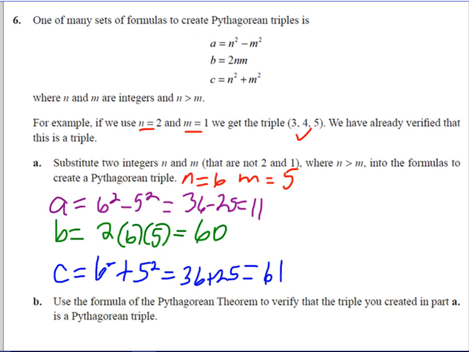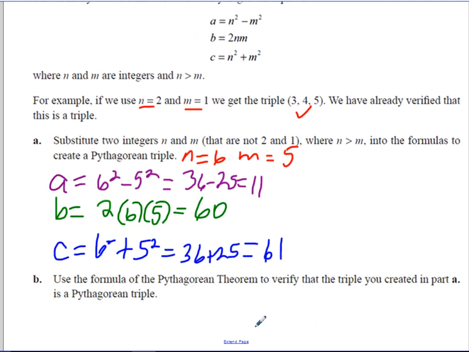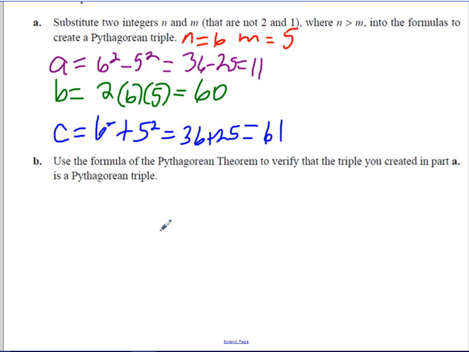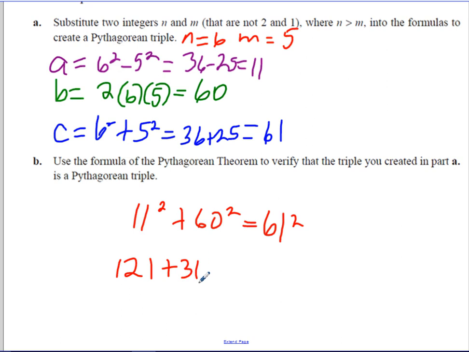So now we have to use these numbers to make sure that it works. We have to verify it. So again, our formula is a squared plus b squared equals c squared. And so we'll have 11 squared plus 60 squared, and that needs to be the same as taking 61 squared. 11 times 11 is 121. 60 times 60 is 3,600.